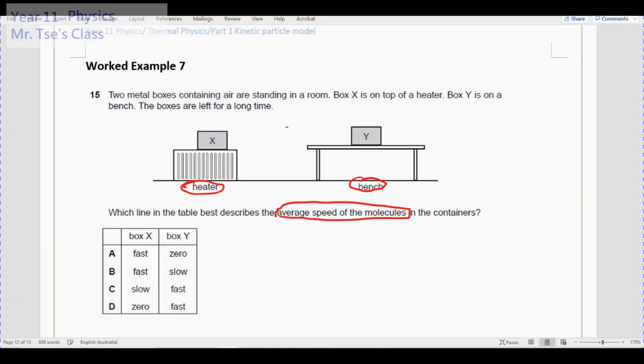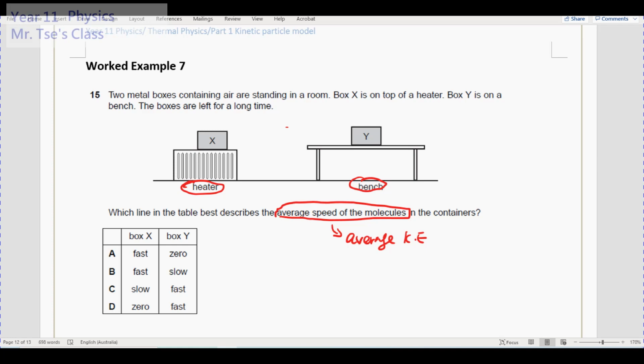We understand the average speed of the molecules is related to average kinetic energy, right? Speed and Ke are not the same, but they are closely related.